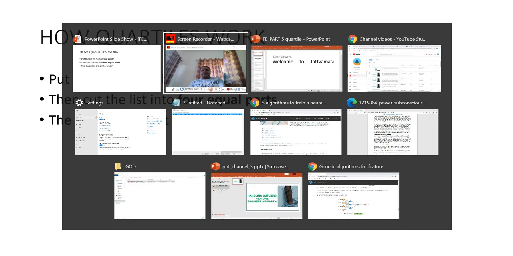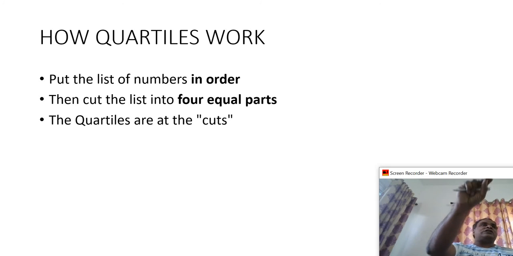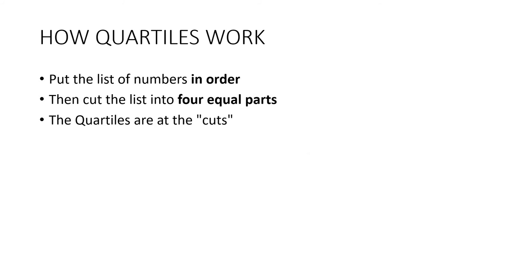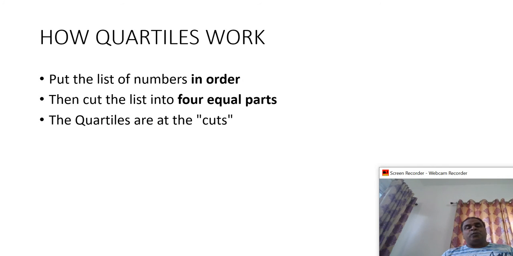Now I am just telling you how quartile works. First you need to put the list of numbers in order, then cut the list into four equal parts. The quartiles are the cuts. I told you, when we discussed the median, that the median is the cut. That cut we call the quartile.